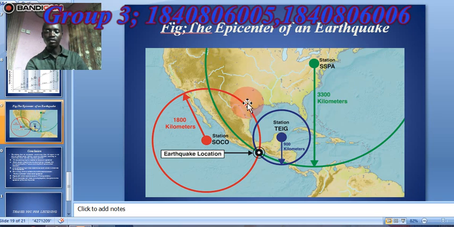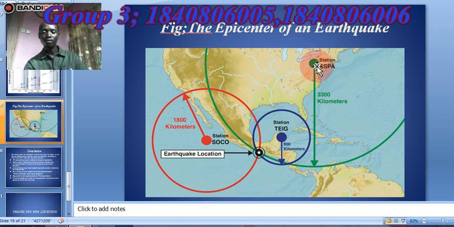Here is the typical example. This is the first seismograph, which is 900 kilometers from the rupture point. So as you can see, we have a radius of 900 kilometers. Here we have a radius of 1,800 kilometers in SOCO. This seismograph in SOCO was able to detect an event 1,800 kilometers away. This is close to where the event happened, and it is 900 kilometers.